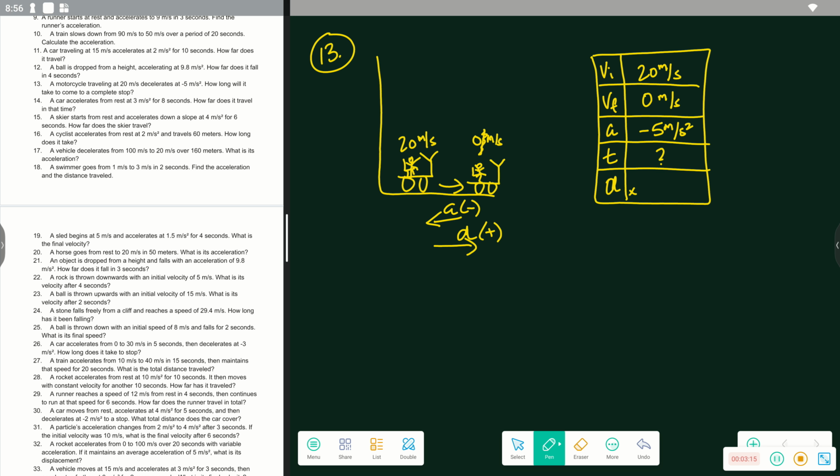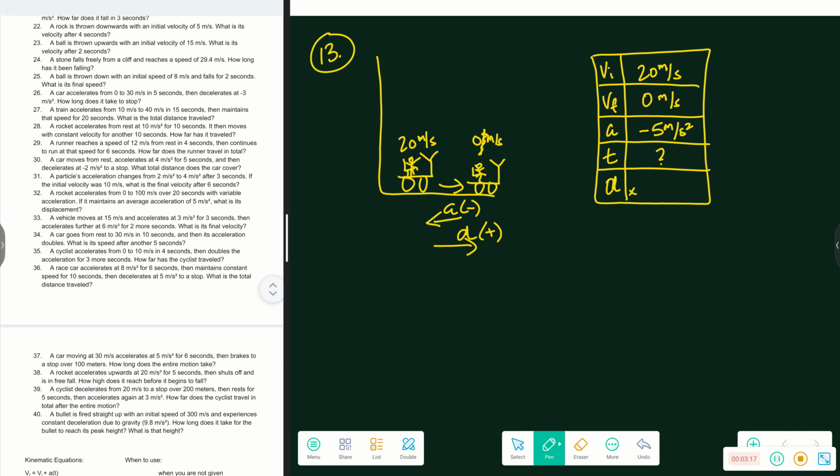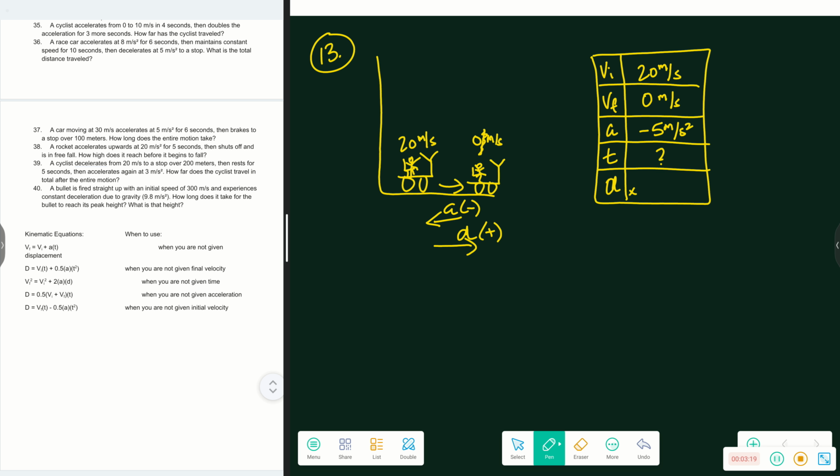All right, so let's look at what equation we want to use. We don't have displacement. We do have final velocity, initial velocity, and acceleration, and we can solve for time. So we're going to use the first equation. VF equals VI plus A times T. Your final velocity is 0.